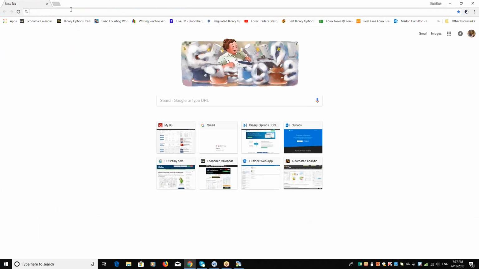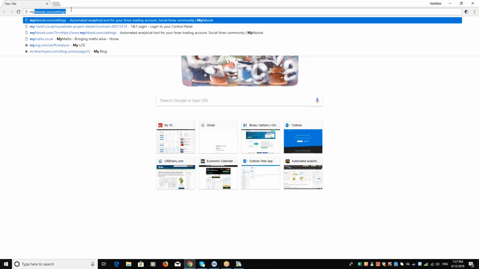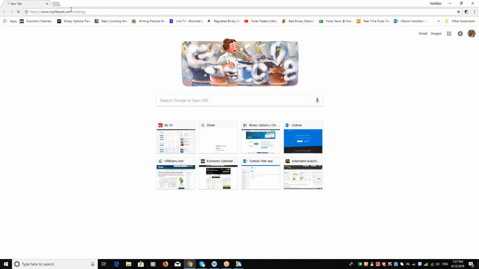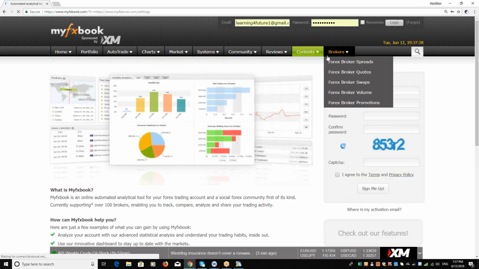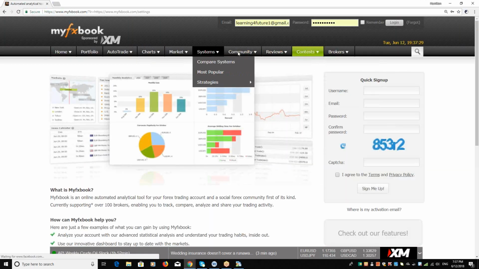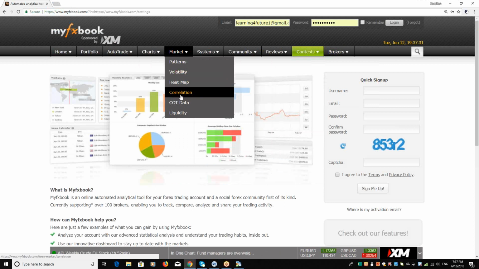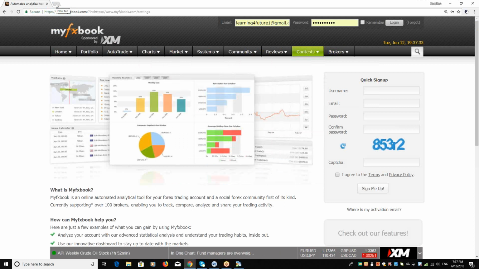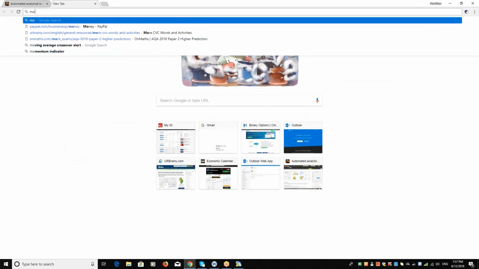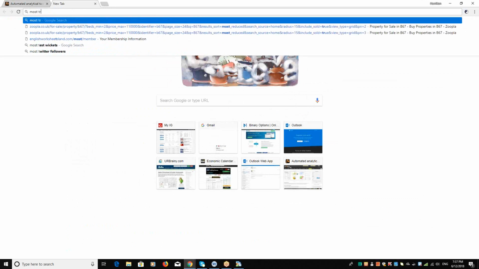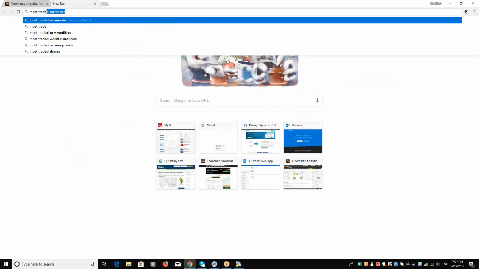So you go to my FX book, and then you just put the markets that you're interested in inside there. But then let me show you the most traded markets, the most traded currency pairs.